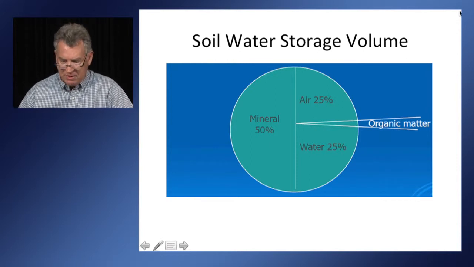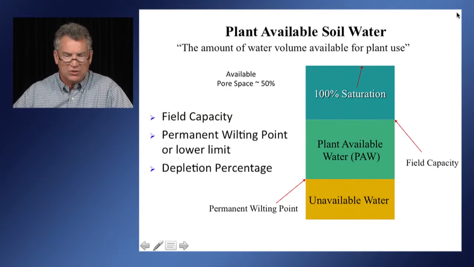If we further imagine that water draining from the system, the water moves from a point of saturation at the top of the diagram, and after gravity has had an impact on drainage, it comes to a steady state at what we call field capacity. Field capacity is going to be different depending upon the soil type, soil texture, structural elements, etc. So this defines the upper level of plant available water.